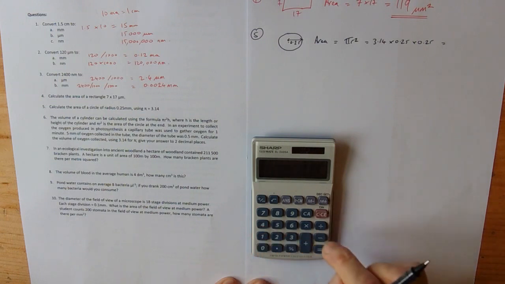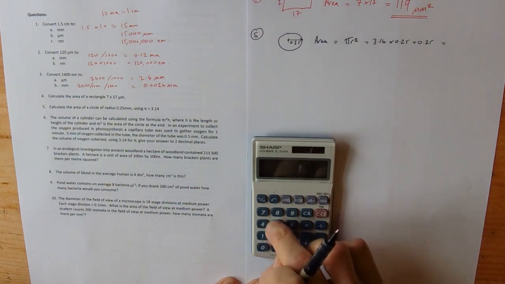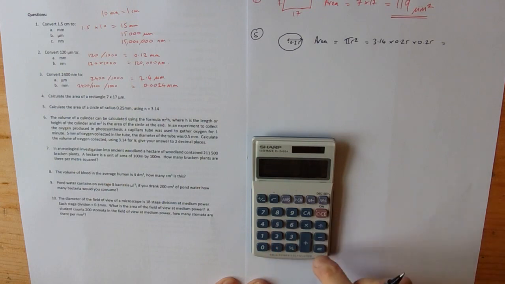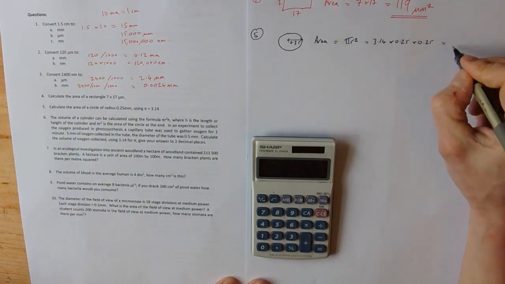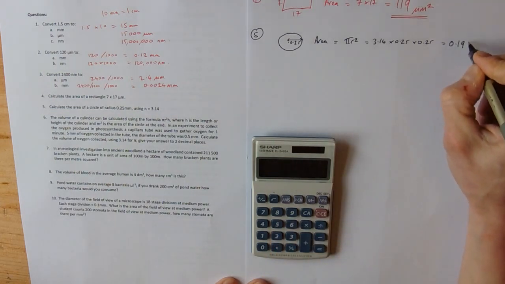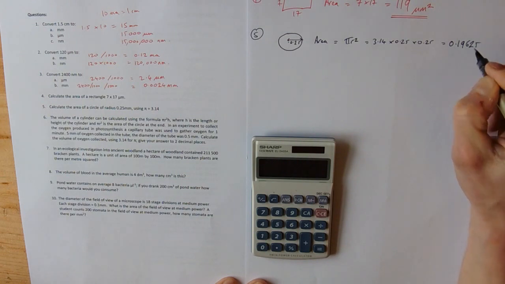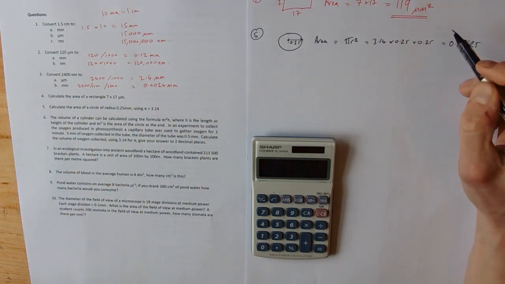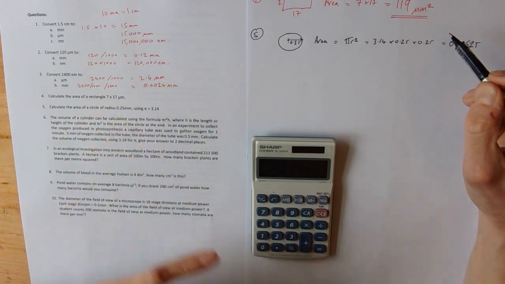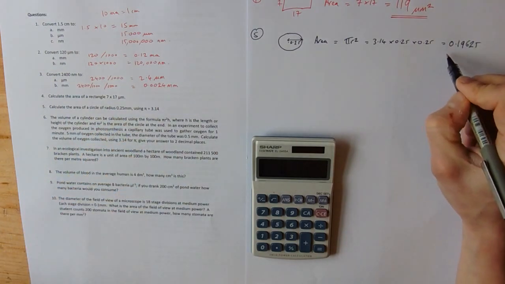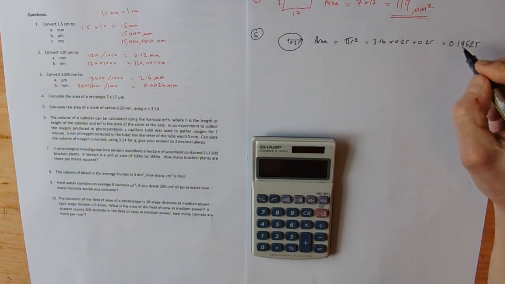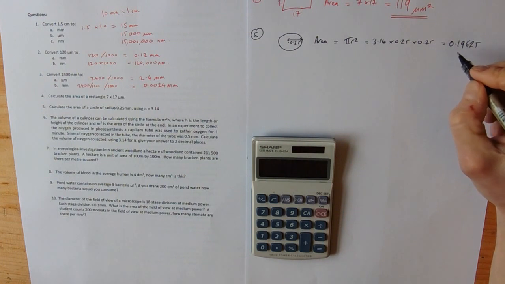3.14 times by 0.25 times by 0.25 is 0.19625, and it doesn't tell us to give it any particular level of precision.